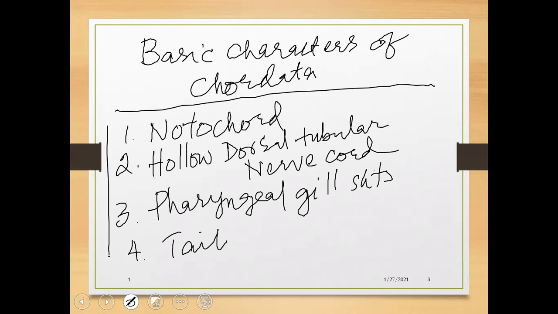These are the four basic characters that should be present in all chordates: notochord, hollow dorsal tubular nerve cord, pharyngeal gill slits and tail.